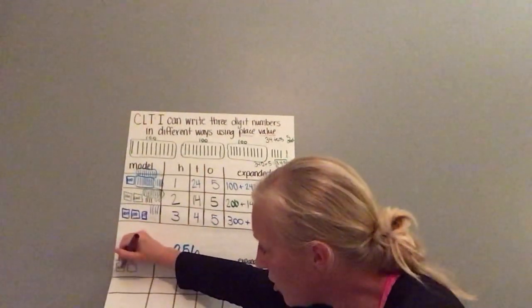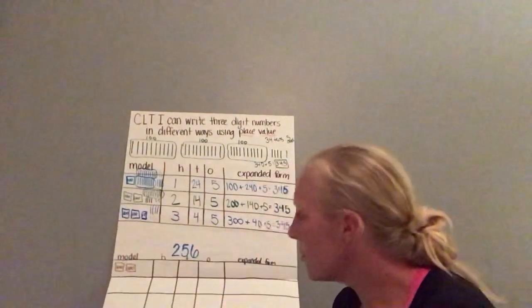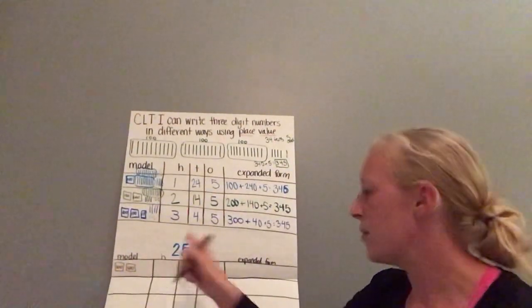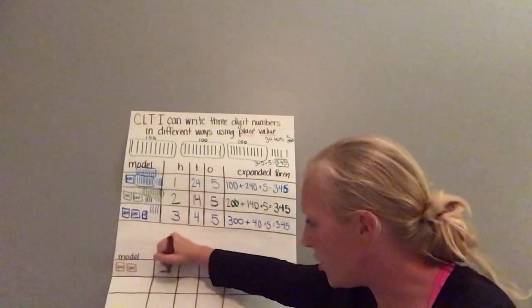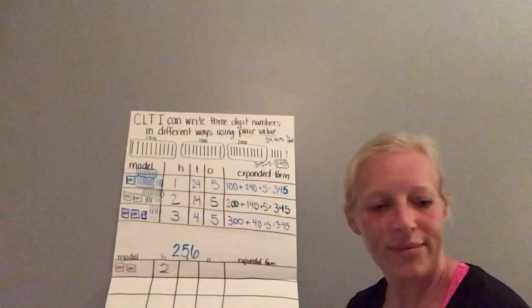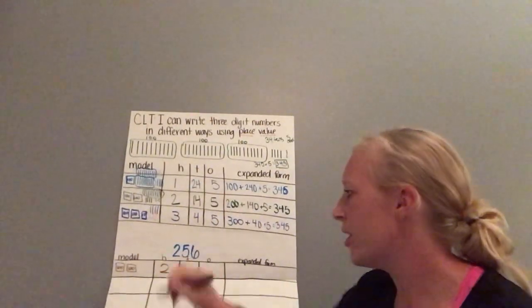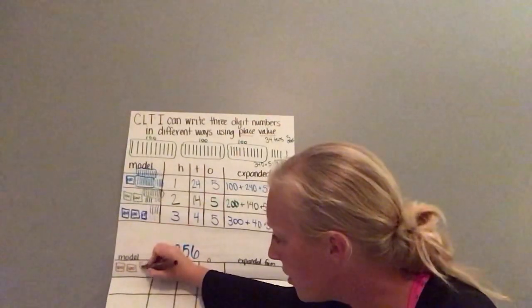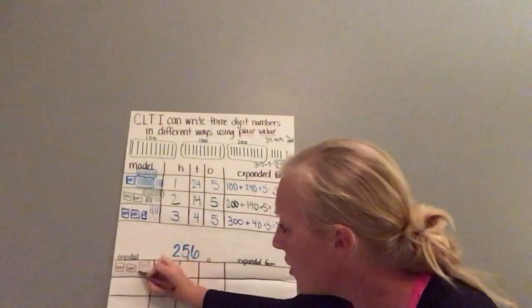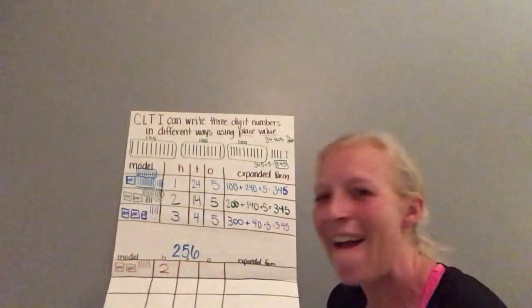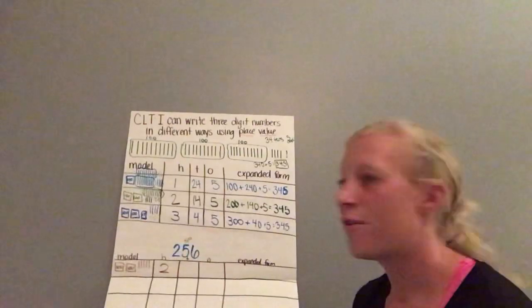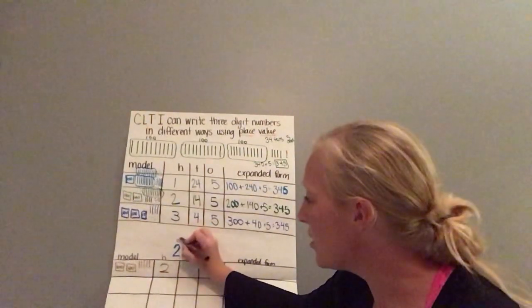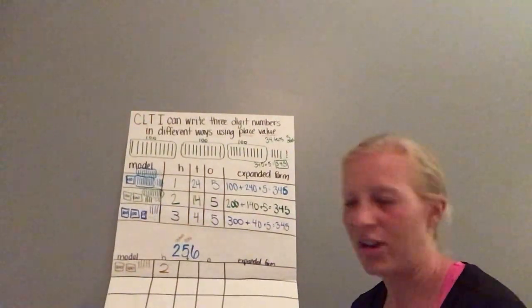And why did you draw 2 hundreds? Because in 200, there's 2 hundreds, okay? And then what did you do? Why 5 tens? There's a 5 in the tens place, okay? And what does that represent? 10, 20, 30, 40, 50. Very good. So this 5 tens is worth 50. This 200s is worth 200, okay?